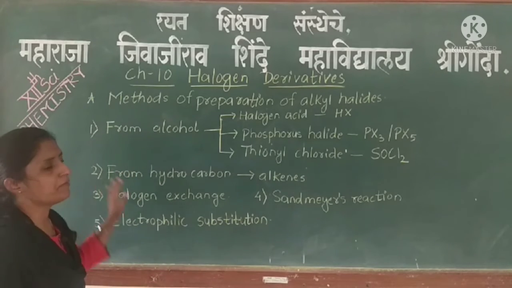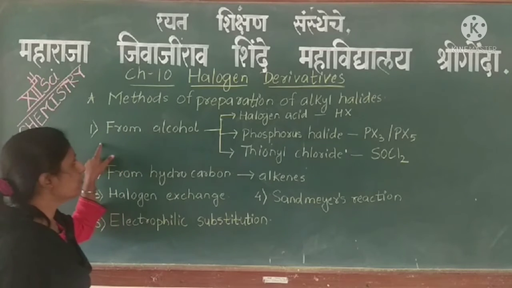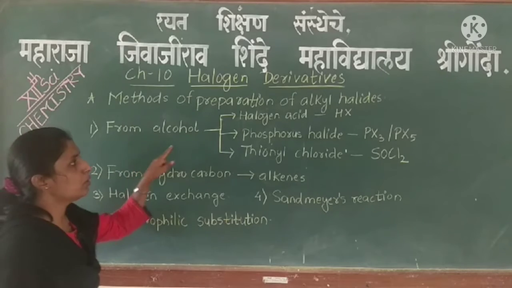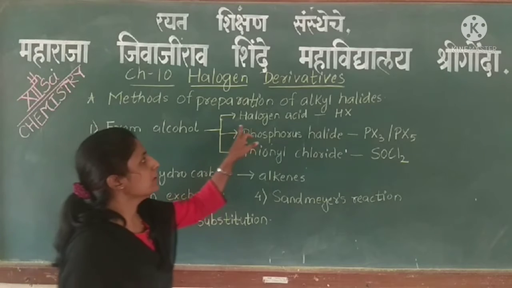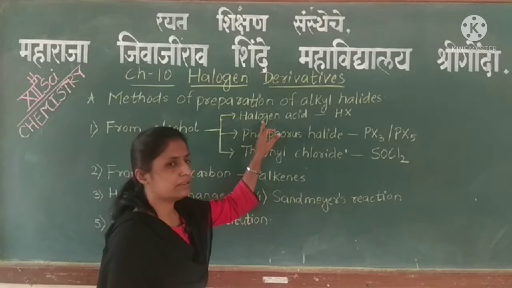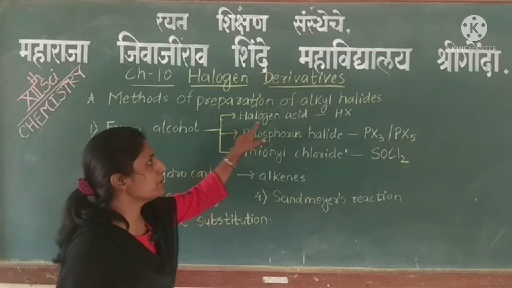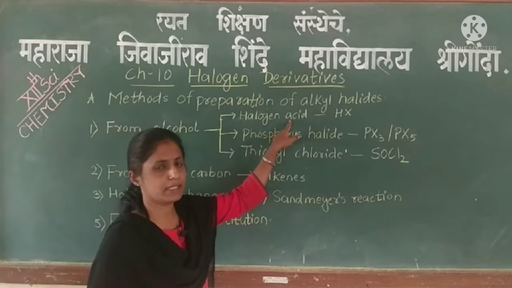Now there are 5 methods by which you can prepare alkyl halides. The first method is from alcohol. From alcohol, alkyl halide can be prepared by using 3 different reagents. The first reagent is by reacting alcohol with halogen acid.